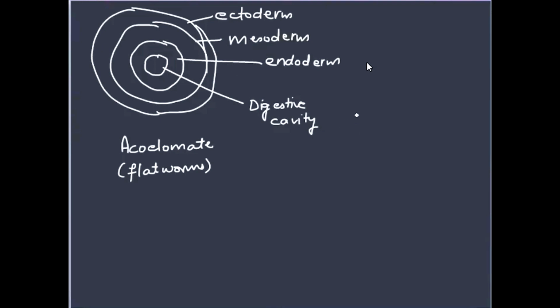Then there are certain organisms that are pseudocoelomates. For them, the arrangement is something like this. So let's say this is the innermost. So I'm just writing it with D. This is the digestive cavity on the inside. Then you have the endoderm. Right outside the endoderm, you have a body cavity.